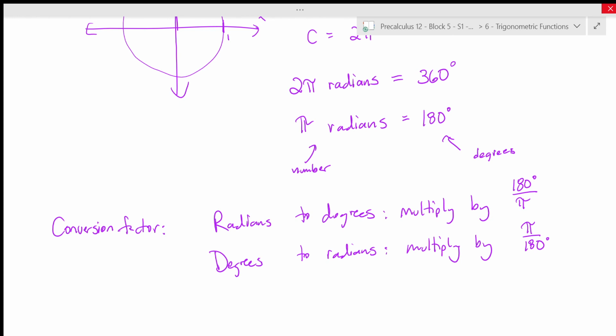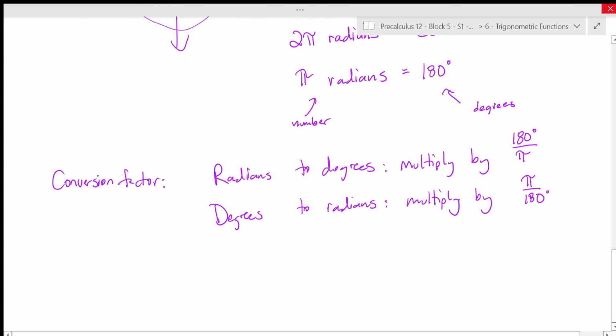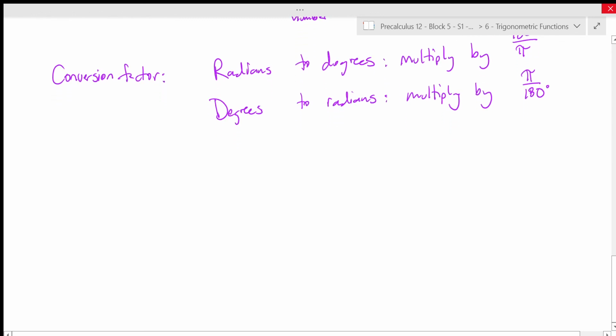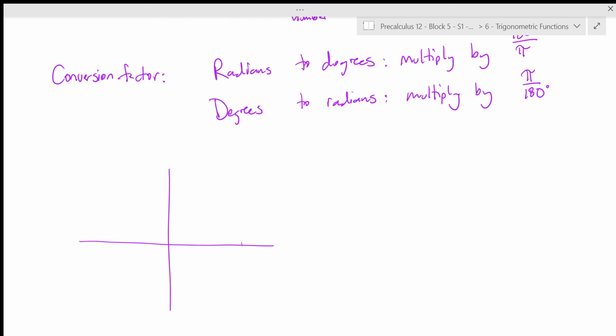Okay, so let's look at some of our common angles in degrees using this. So if we have our, again, our lovely angle in standard position, we think about that going around an even better circle this time. Let's just forget about that first little piece here. Just pretend that doesn't exist. Okay, so we have 0 degrees is going to be equal to 0 radians. Now, 90 degrees, if we multiply it by pi over 180, that's degrees to radians, we get 90 divided by 180, so pi over 2.